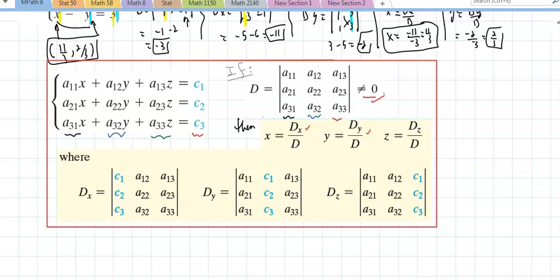When you go for d sub x, you would notice that they replaced the x. When you go for d sub y, they replaced the y's by the constant, and for d sub z, they replaced the z by the constant. The same deal, except now we want to find the determinant of a 3 by 3.